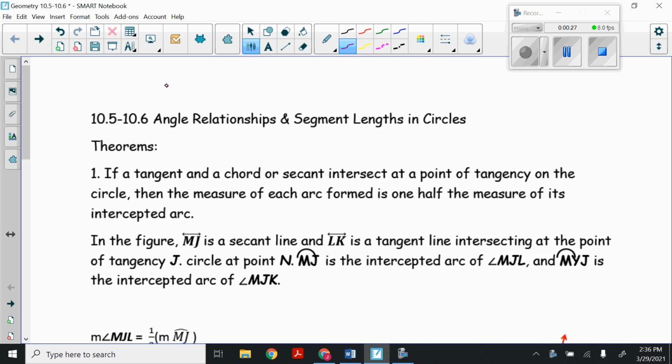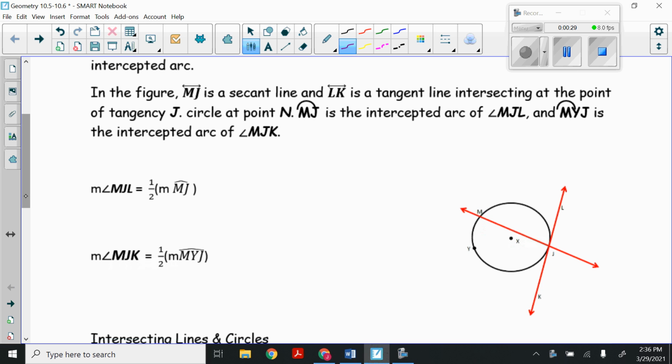In the figure, line MJ is a secant line, and LK is a tangent line intersecting the circle at the point of tangency J. MJ is the intercepted arc.